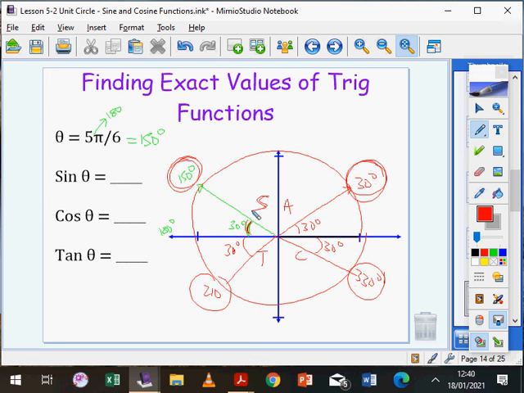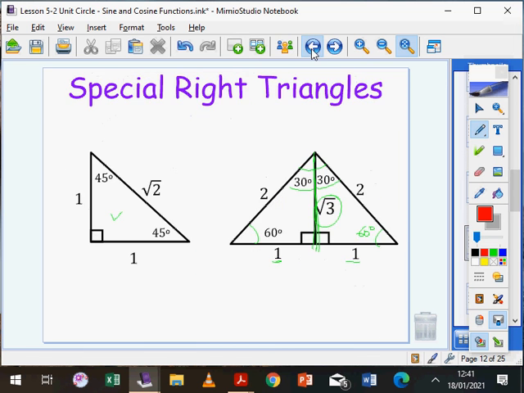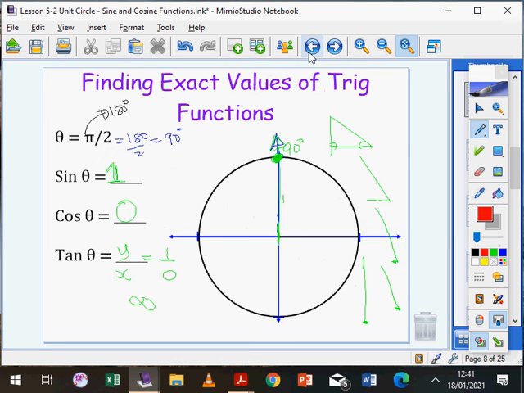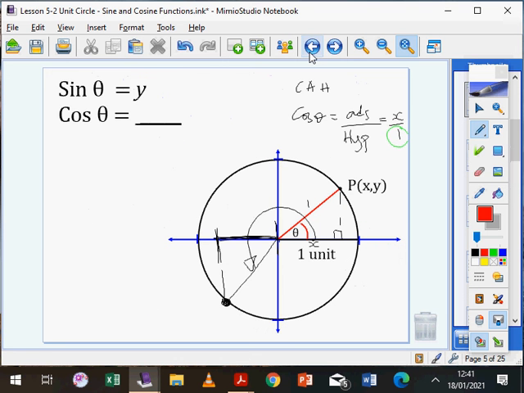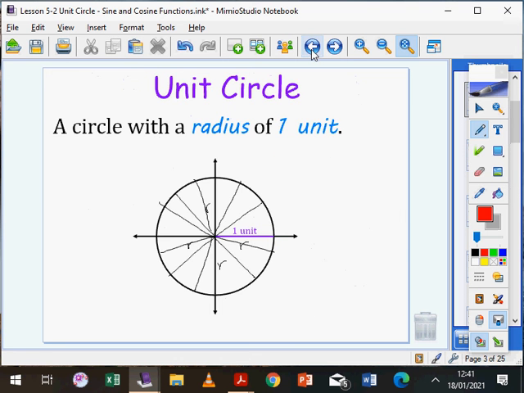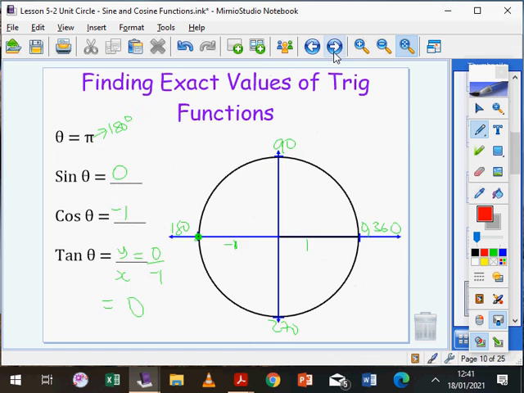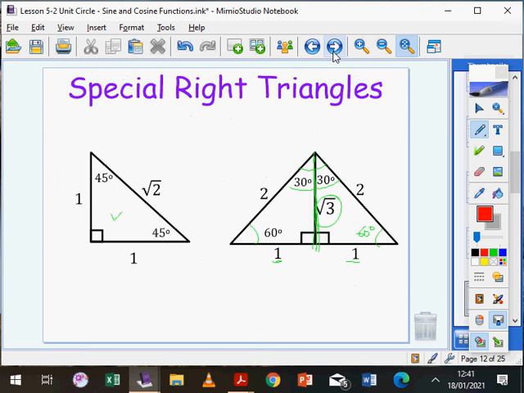So for 30 degrees, going back to that 30-degree triangle, where is the 30-degree triangle? Oops. This one, yeah. In a 30-degree triangle, I hope you remember, you can see that the opposite is 1, the hypotenuse is 2, the height is square root of 3.